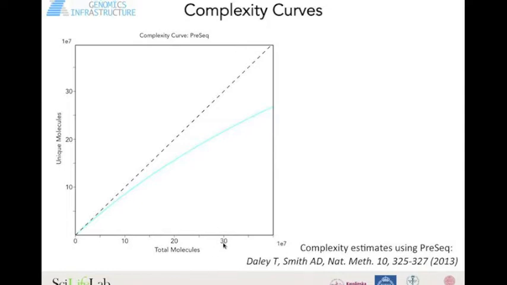So this would be 300 million molecules. Those are the molecules that were sequenced, and if it were a perfect library in terms of complexity, you would also have assayed the same number of original molecules.